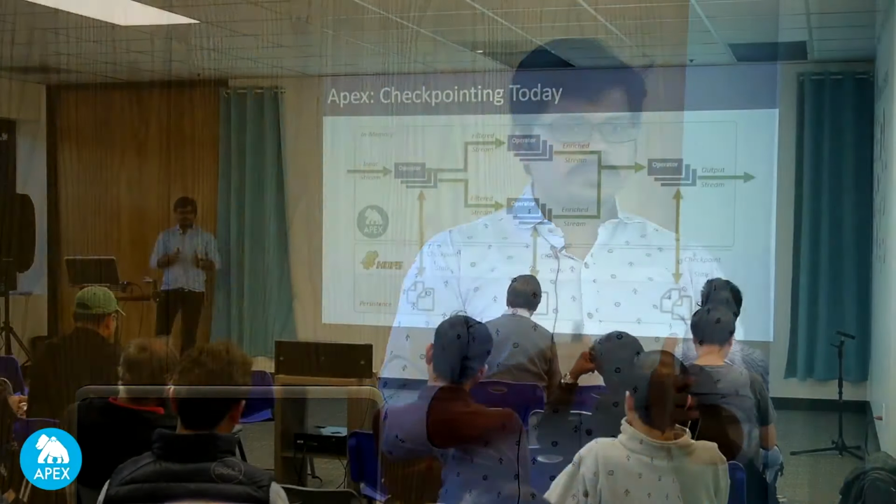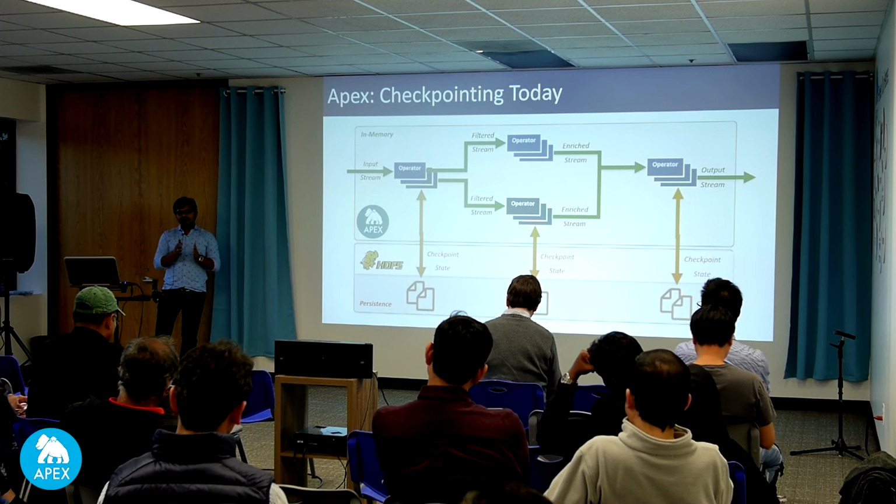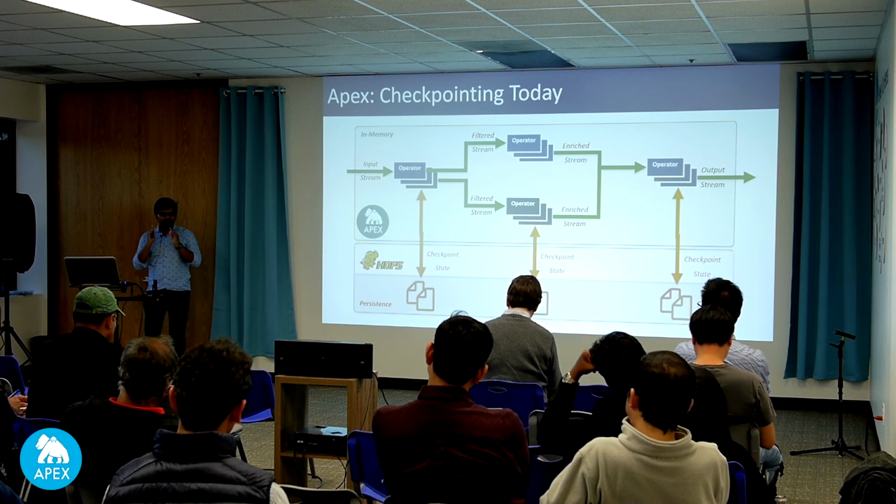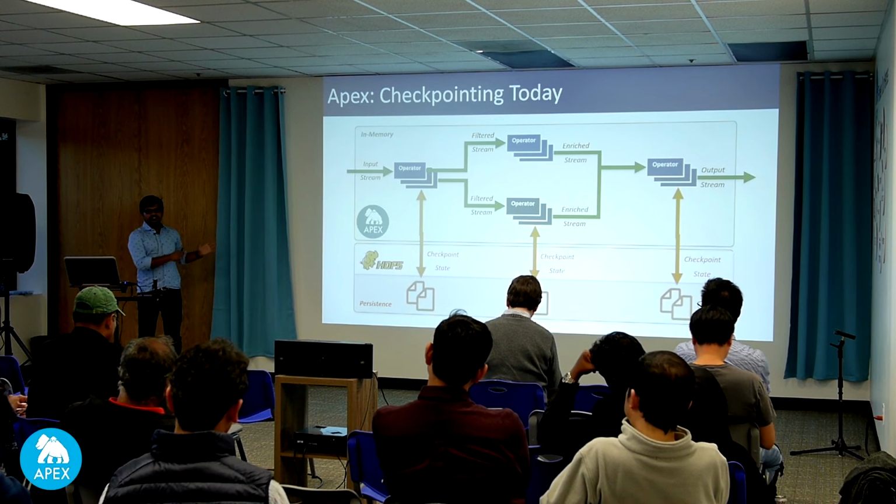That feature then becomes a bottleneck, because think about it: you have a DAG application with hundreds of operators, each operator, after every configurable number of seconds or milliseconds, writing its object state to HDFS.